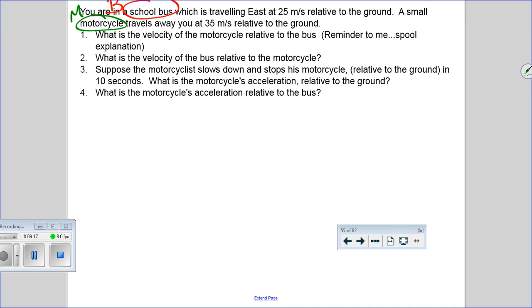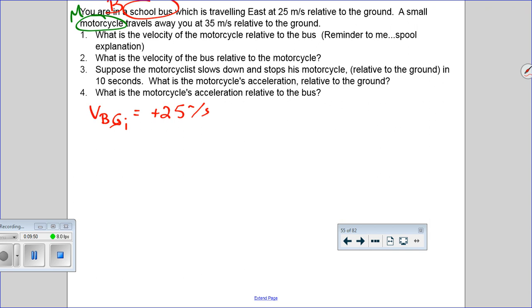It says you're in a school bus that's traveling east at 25 meters a second relative to the ground. So the velocity of the bus relative to the ground, I'm going to put an I next to this for initial because it's going to change in a little bit, is positive. I'm going to put a plus on it just to emphasize the fact that I checked the sign. That's 25 meters a second.